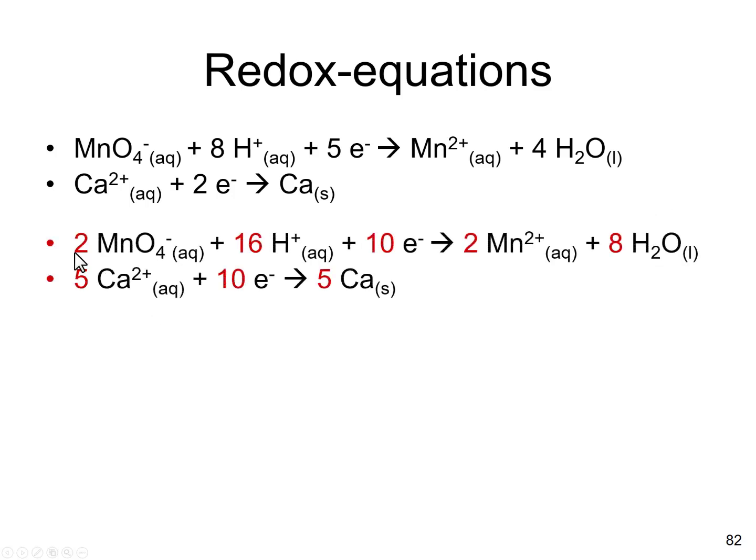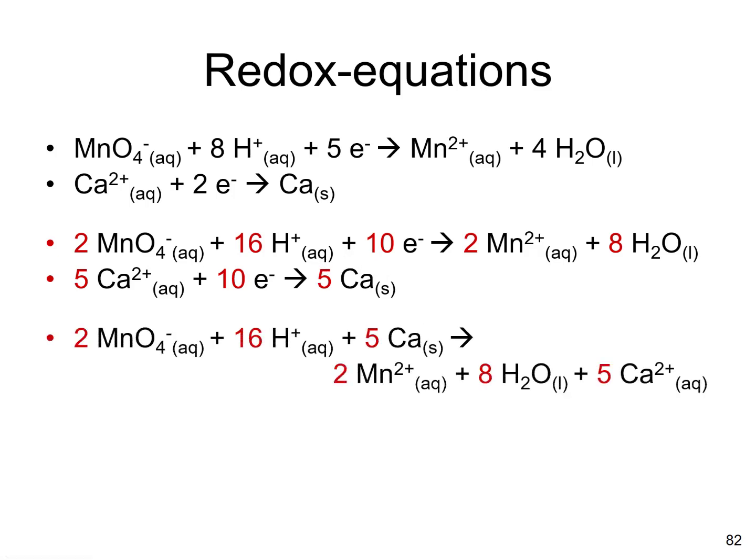So the first reaction has been multiplied by 2: permanganate anion reacting with 16 equivalents of protons and 10 equivalents of electrons to give 2 equivalents of manganese 2+ ion and 8 equivalents of water molecules. On the other hand, you have 5 equivalents of calcium 2+ that reacts with 10 electrons to give 5 equivalents of calcium. The next step is to combine these two equations.